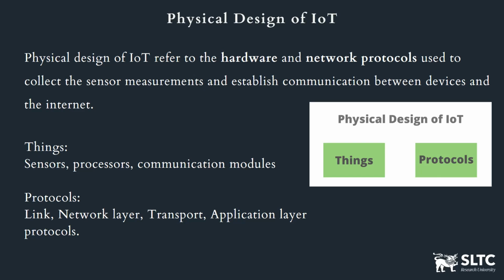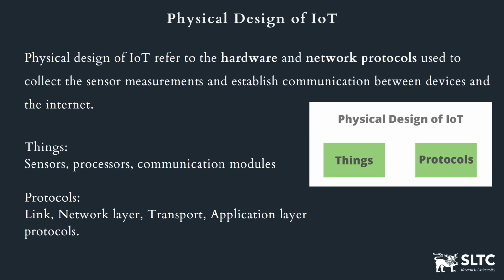Things refer to the sensors, processors, communication modules, and so on. These hardware devices that help us to collect the data, process the data, and communicate to a local server, which will then forward it to the cloud, are known as things, right?